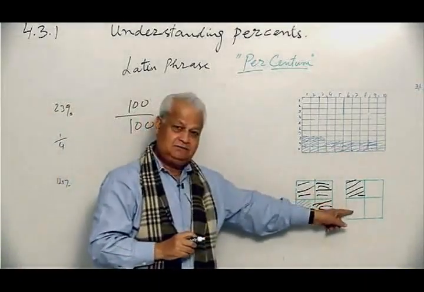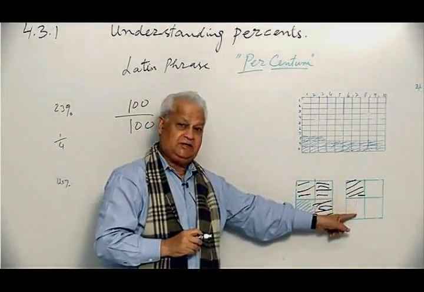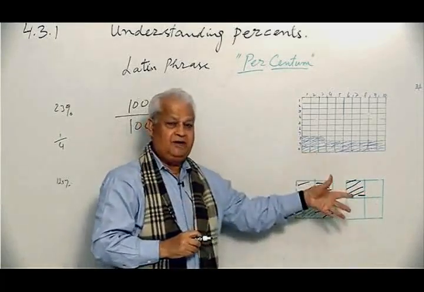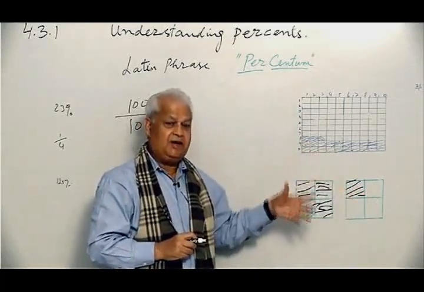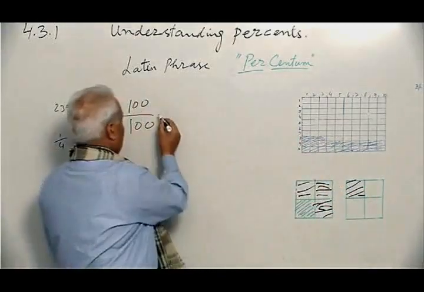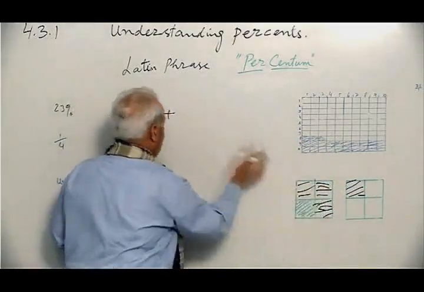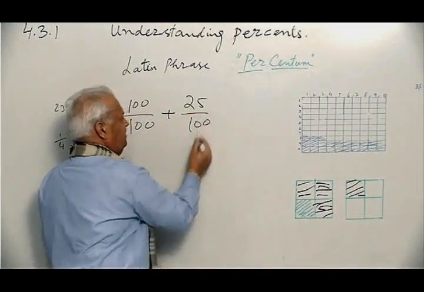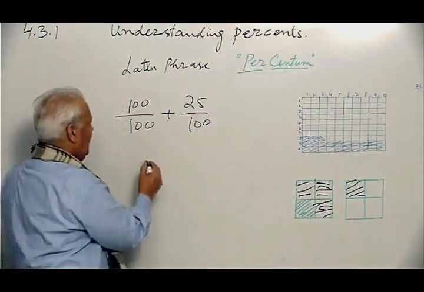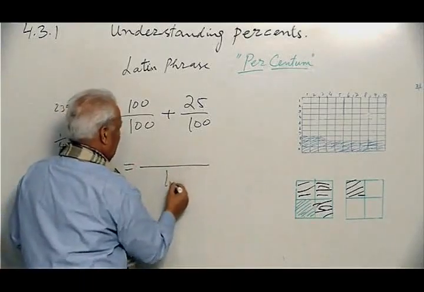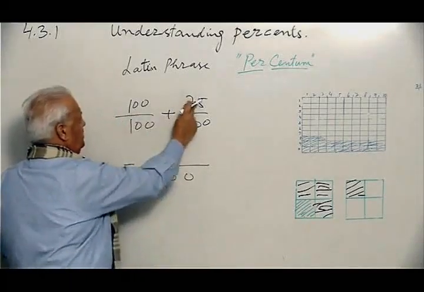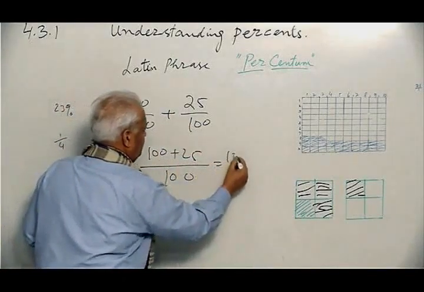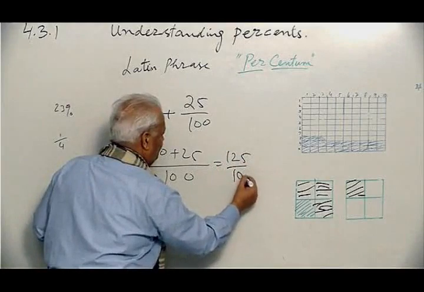In the second, 1/4 is shaded. And remember, we just discussed 1/4 means 25 over 100 or 25%. So that means 100 out of 100 plus 1/4, which is the same thing as 25 over 100. If we add these two fractions, we have 100 in the denominator, 100 plus 25. So it becomes 125 over 100.